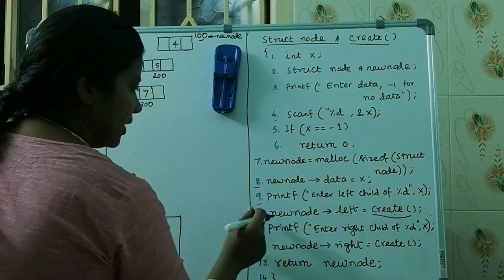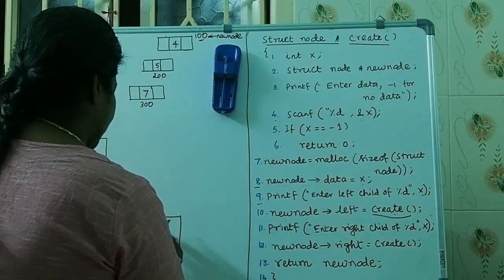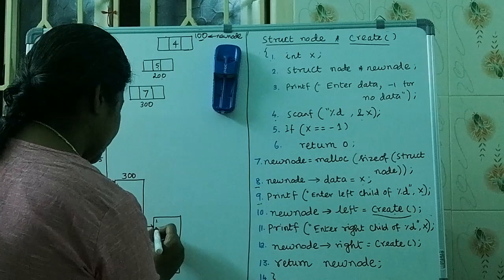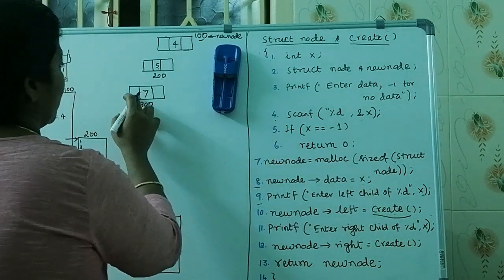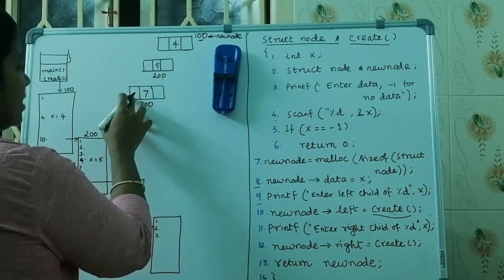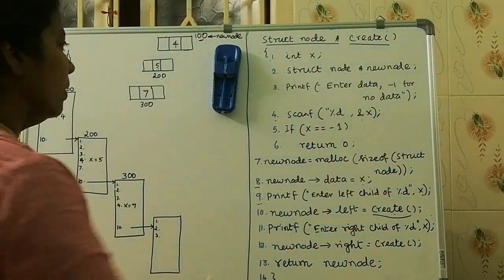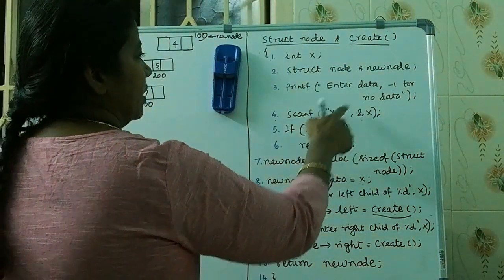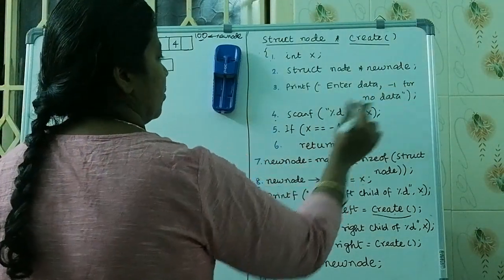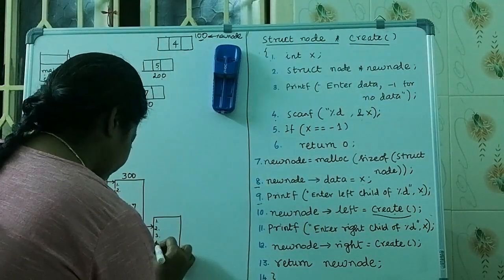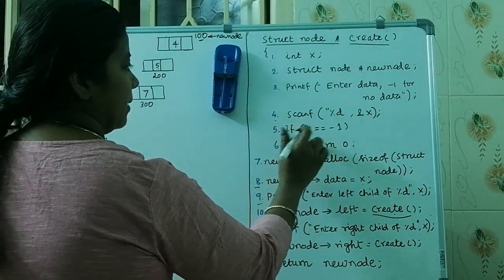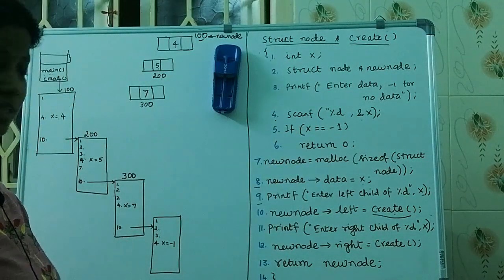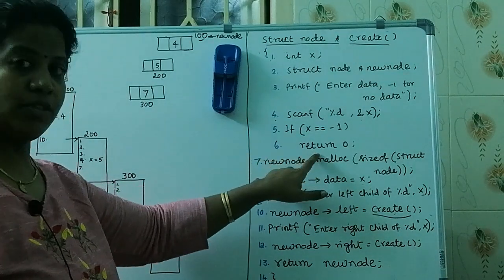Then upon executing line number 10, it gets called, and again it will execute line number 1, 2, 3. Now let's say I do not want to insert any left child of 7, that means null. I have to give -1 for no data. Suppose I give the x value as -1. Now this condition becomes true, x equal to -1, yes, so it returns 0.